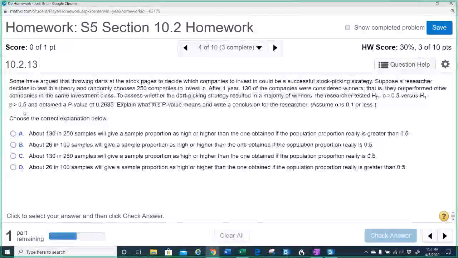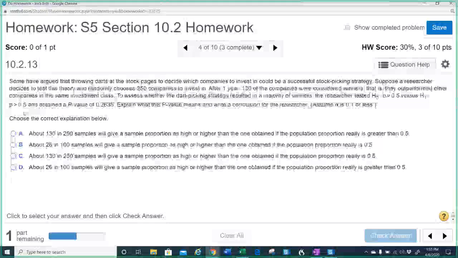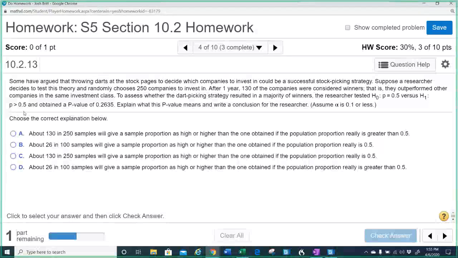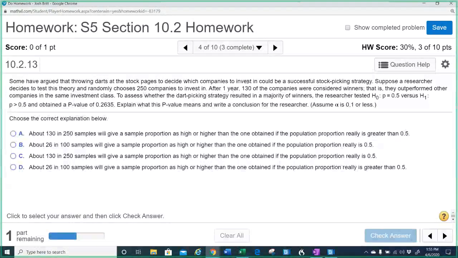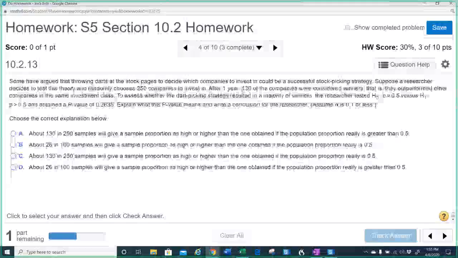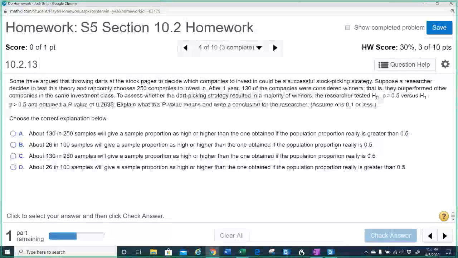And if you look at the proportion that we got, we've got 130 divided by 250, which is 52%. So getting that sample statistic or more, 26 times out of 100, under the assumption the null hypothesis is true. So you always just assume the null is true. Percentage is a half, so proportion is a half.